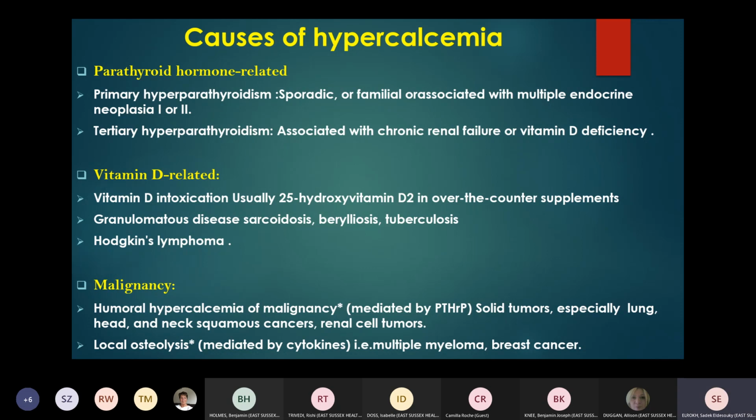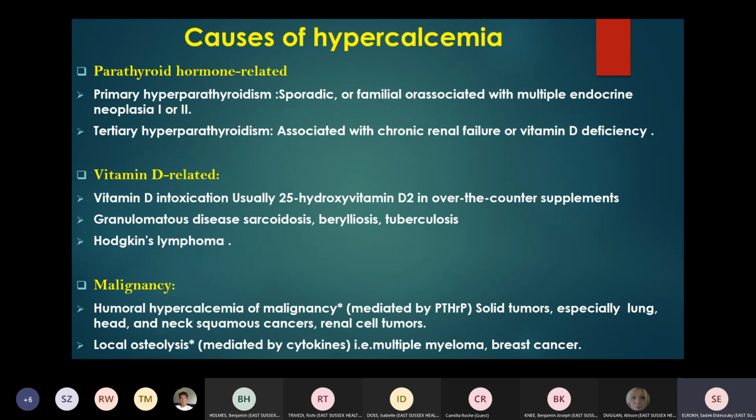Malignancy, of course, is a well-known and common cause of hypercalcemia, either solid malignancy like breast cancer and lung cancer. The most common solid cancers are squamous cell carcinoma of the head and neck, renal cell carcinoma, and lung cancer. The mechanism of hypercalcemia in such cases is mediated by paraneoplastic syndrome.